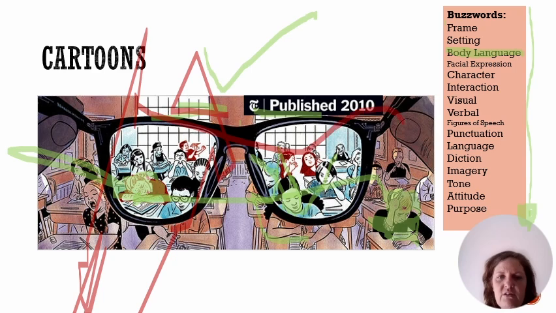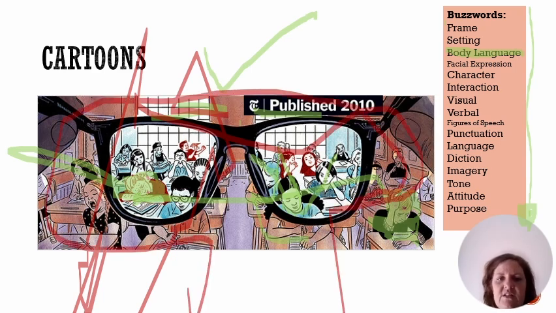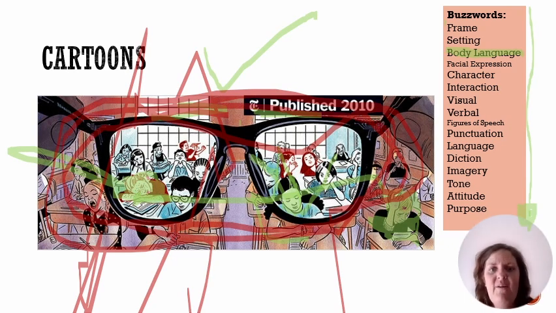These glasses in the frame, I'm trying to draw a circle around them unsuccessfully. These glasses in the frame show us that this cartoon is written from a particular perspective. Stereotypically, who in the classroom wears glasses and who in the classroom stands at the front? Yes, you are correct. It's the teacher, okay?